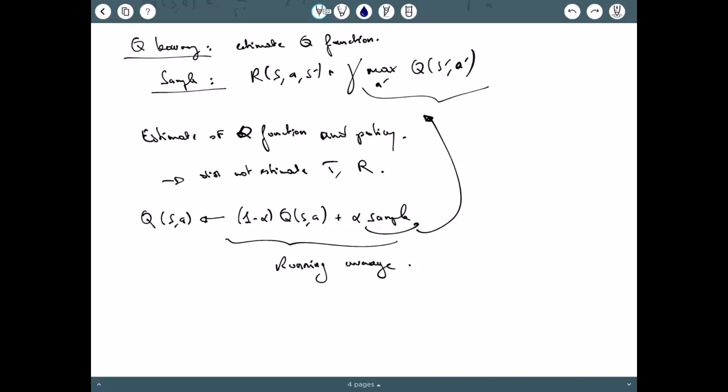As we have a choice for the alpha here, we give a name to this parameter and we call it the learning rate. The reason for this name is that it decides how much importance we give to new samples.